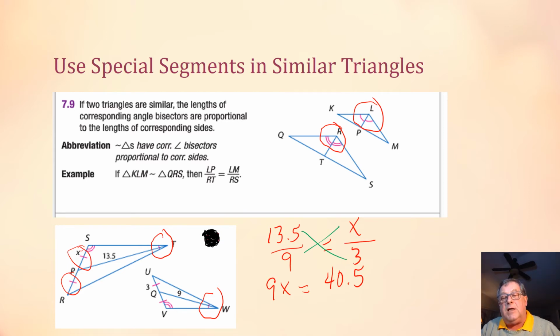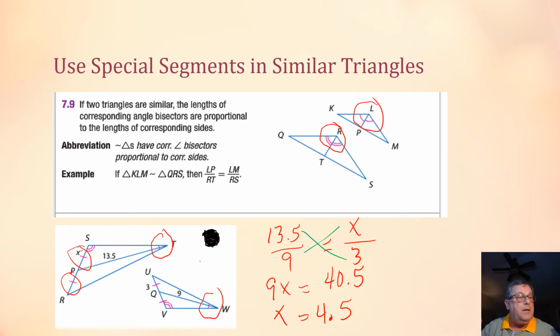Let's divide both sides by 9. 9 goes into 40 four times, that's 36, with 4 left over, and 9 goes into 45 five times. Don't forget the decimal. So x equals 4.5.